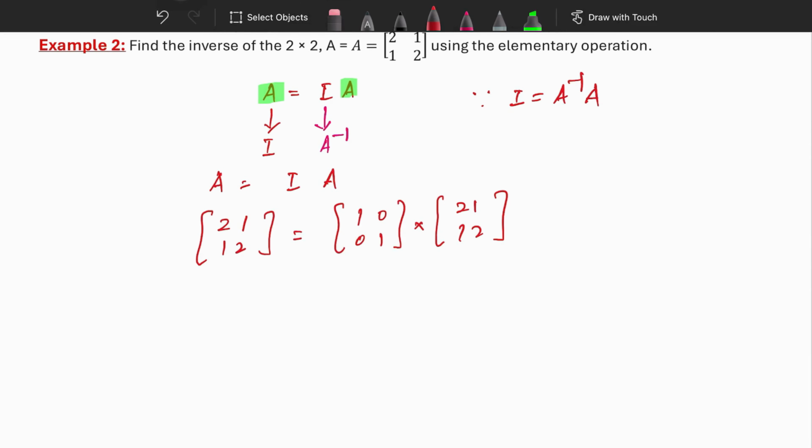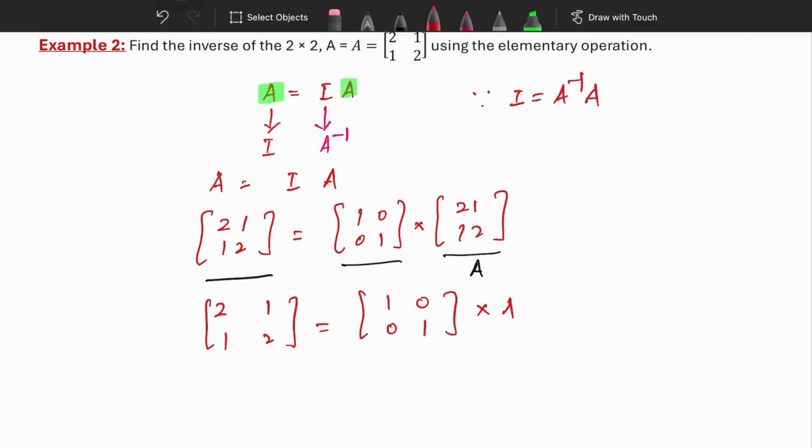Now I'm going to apply all my operations on the first one, which is this A, and this is I. I will not change this part, so it will stay as it is, A, in my calculation. So let's start. If I rewrite it, it's 2 1 and 1 2 is equal to my identity matrix 1 0 0 1 into A. Now I'm going to use one operation on row number 1.